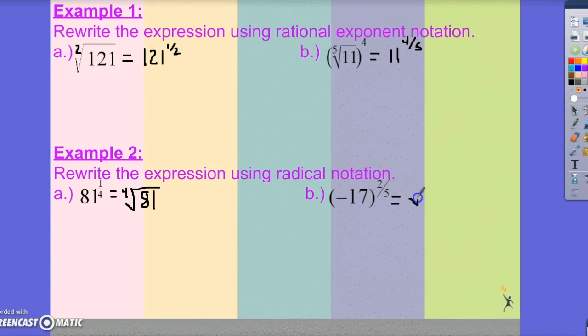And then this one, the 5, the denominator once again, goes with the root. So a big parenthesis, and the 2 goes out here. Right. So you want to be comfortable going back and forth between rational exponent notation and radical notation.